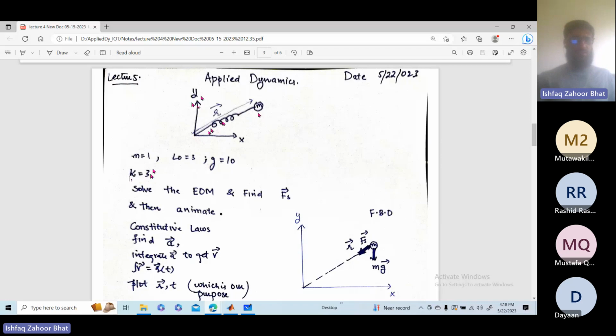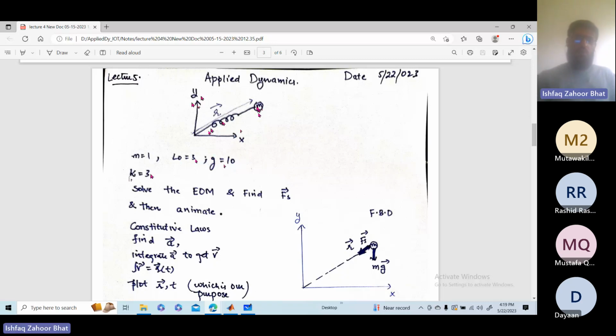I have kept it as 3, and the mass of this body is 1, and the unstretched length of this spring is 3. So L naught is the unstretched length, that is the normal length of the spring, and I have taken it as 3. And g is the gravitational constant, and I have taken it approximately as 10 meter per second square, obviously.